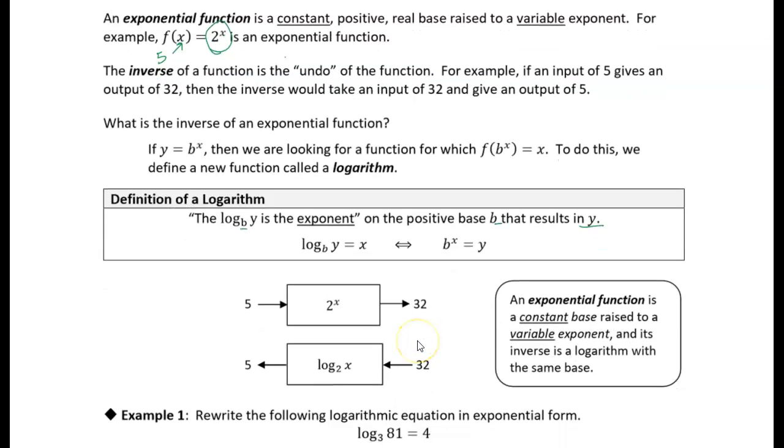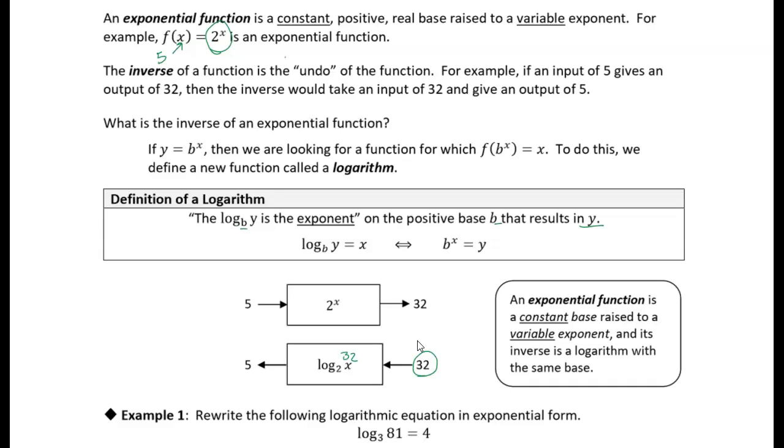So the log base 2 of 32. Here 32 is the input, right? So the log base 2 of 32 is 5, because that is the exponent that we would have had to raise the base to in order to get 32.